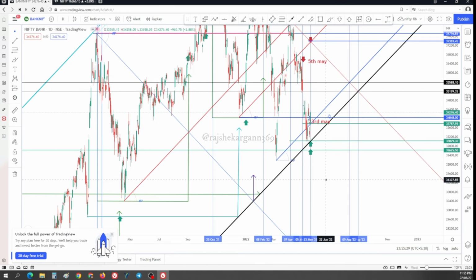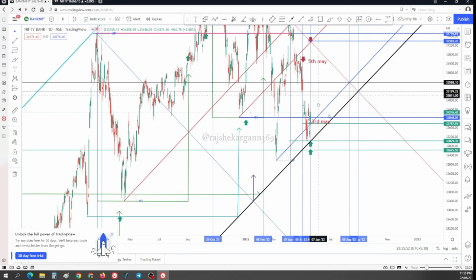After completing this video, I'll be posting the weekly price levels, wherein in detail I'll add all the levels and explain the bullish scenario and the bearish scenario for both Nifty and Bank Nifty. And along with that, I'll be sharing the time cycle.